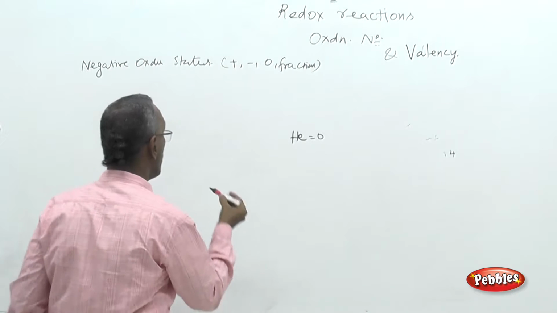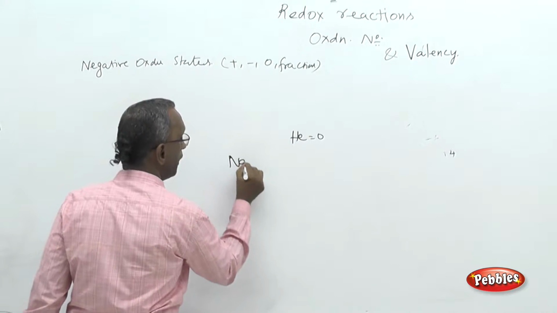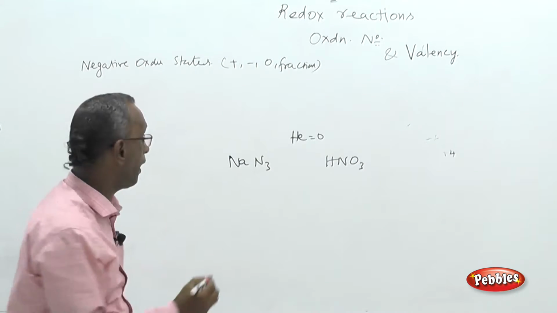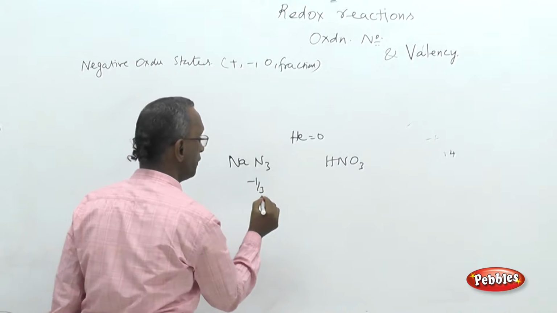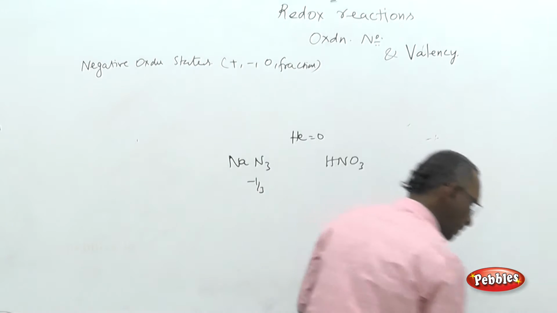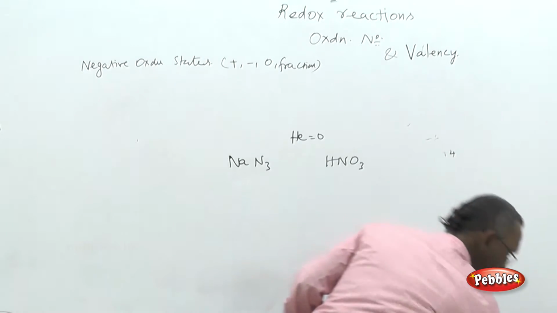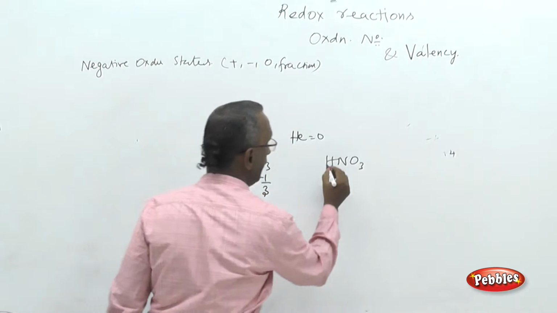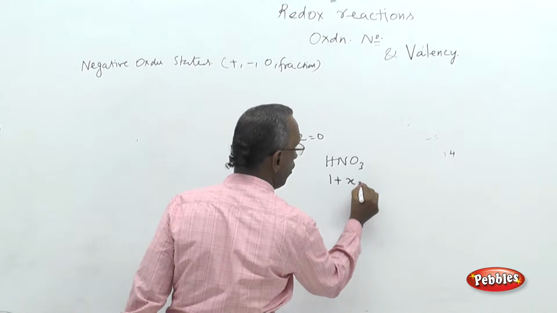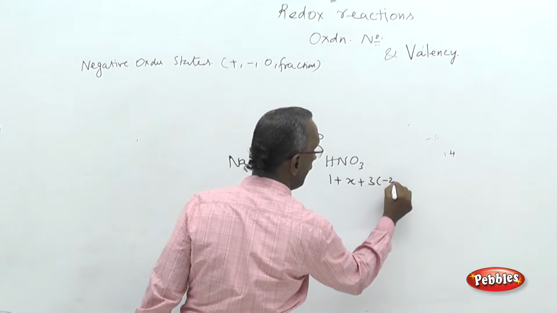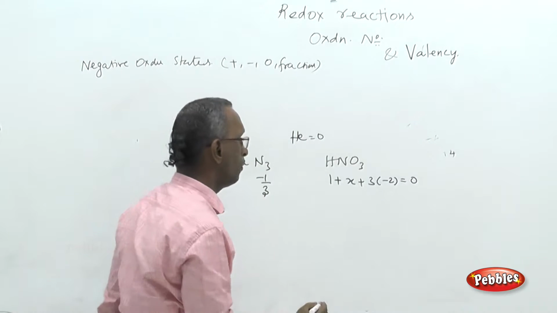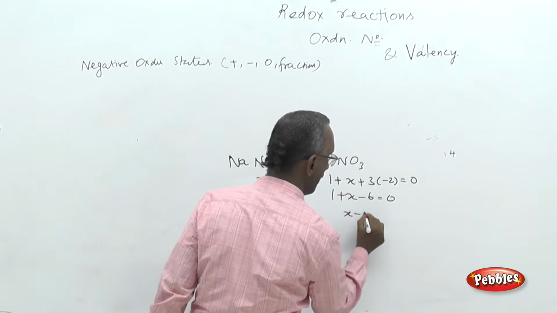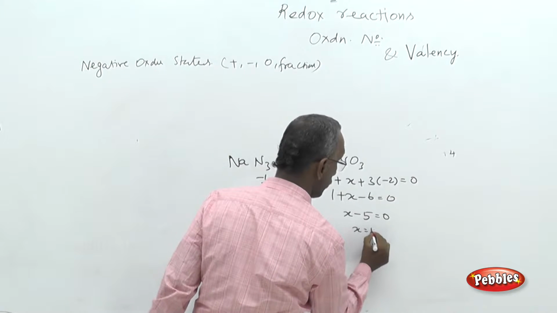So we can compare the oxidation state of nitrogen in different compounds. This is NaN3. Another common compound is nitric acid, HNO3. In NaN3 we have seen nitrogen shows an oxidation state of -1/3. Whereas in HNO3, let us calculate: hydrogen is +1, nitrogen we don't know, plus 3 oxygens each having an oxidation state of -2. The equation is 1 + x - 6 = 0, or x - 5 = 0, so x = +5.